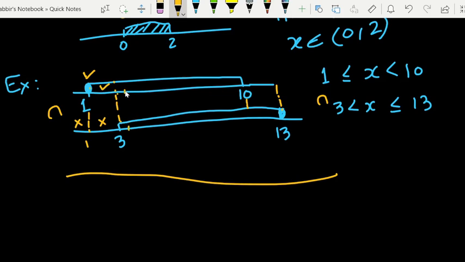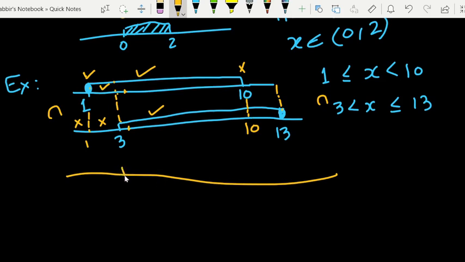As you can see, let's say 3.1, so 3.1 is here, here also. Any value greater than 3 is satisfying this part as well as this part till which point? Yes, till x equals to 10. What about 10? 10 is not included here, but 10 is included here.